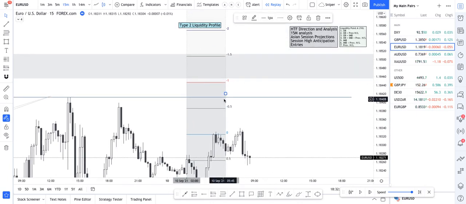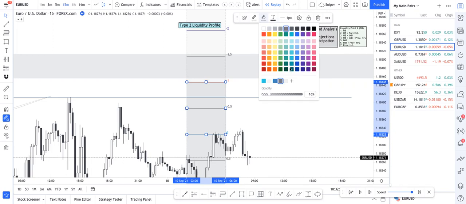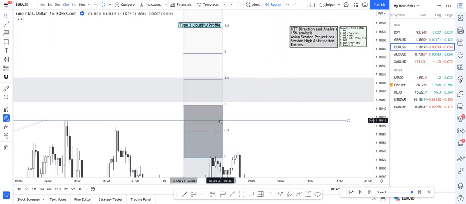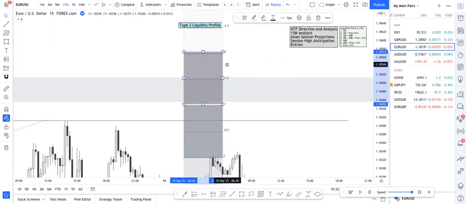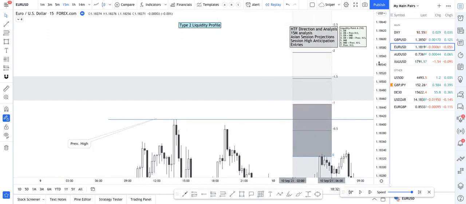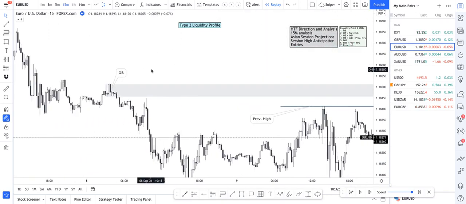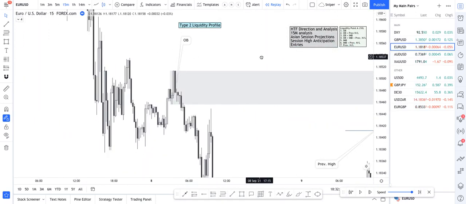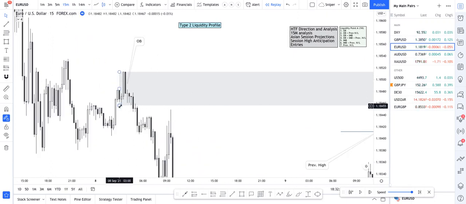We'll make this a different color, and then we can have a second one. Boom. That's two projections. So we can use this in combination with our 1 hour liquidity to get pinpoint entries. We have the 1 hour zone, which is over here, and we can refine it even further to the full body candle. Remember what I said about full body candles? There's the full body candle.